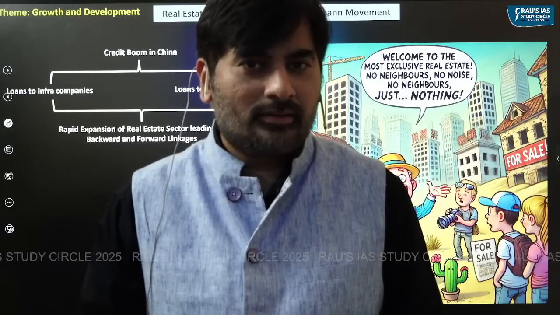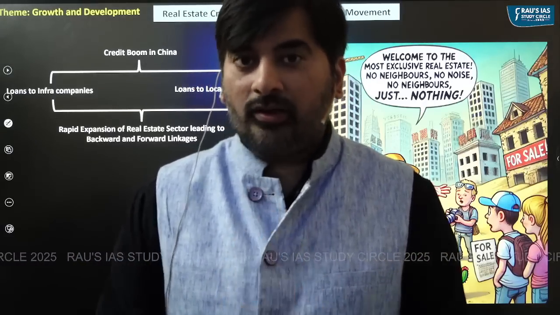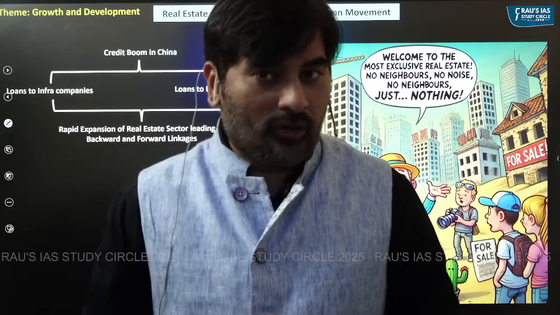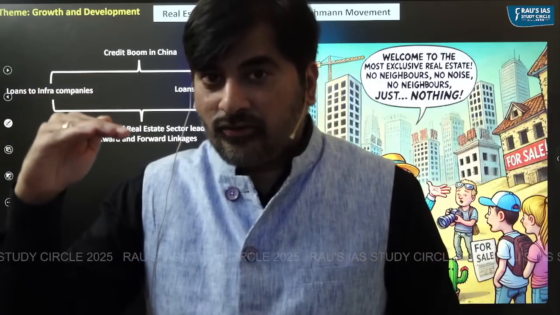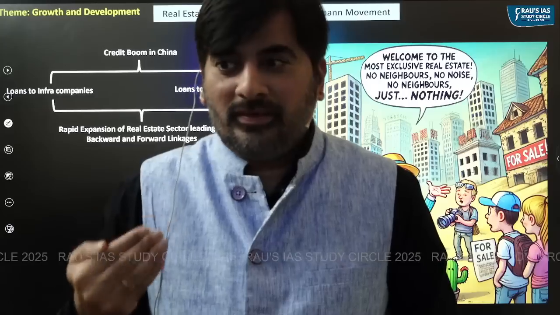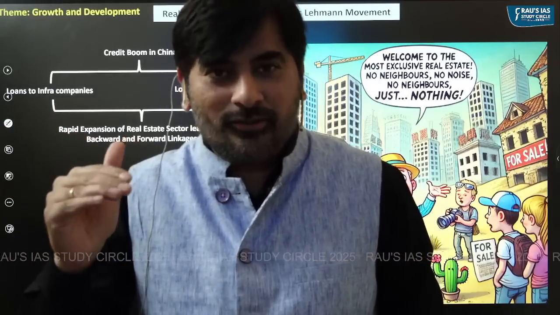Why? You know, China has been following a one child policy. Because of that one child policy, the population growth rate in China has slowed down. If the population growth rate slows down, obviously demand for housing property and commercial property will slow down.